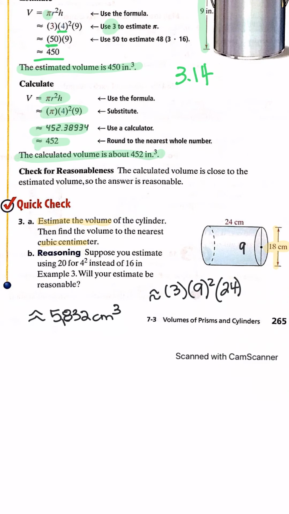I guess you could have used 10 as the estimate here. 10 times 10 was 100, times 24 is 2,400, times 3 is going to be about 7,200. That's where rounding can be difficult, because it depends on how far you are rounding. Sorry, that writing was atrocious. I've got to try again.